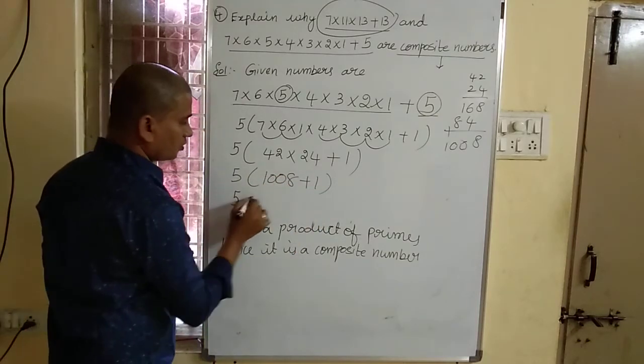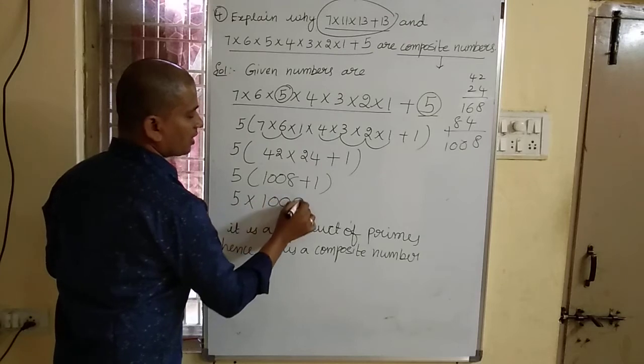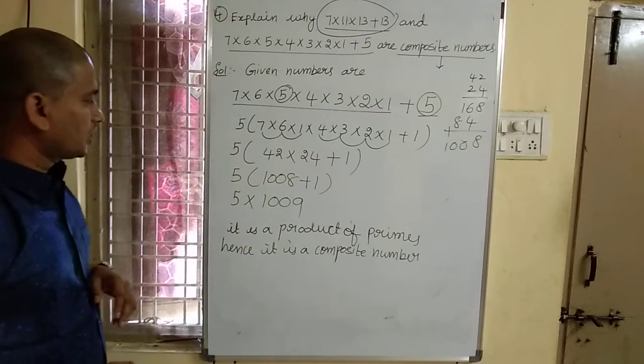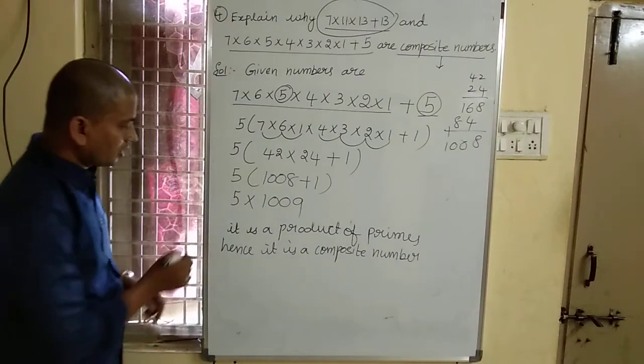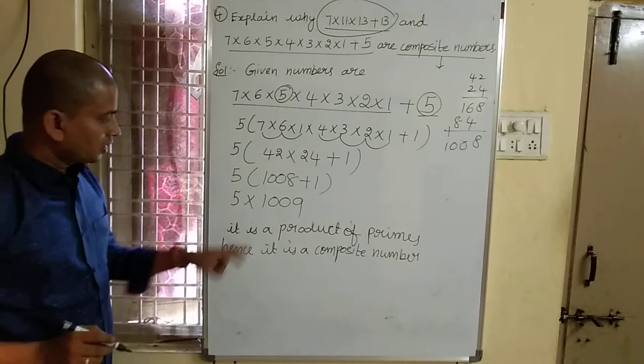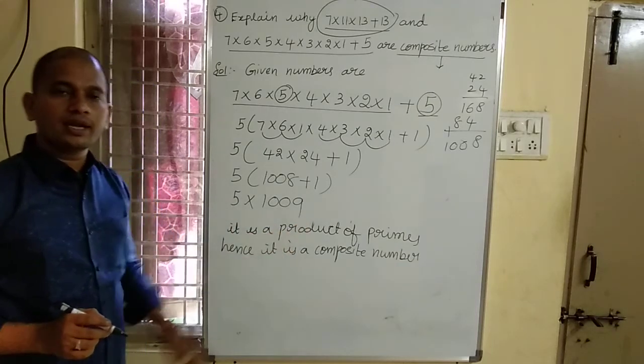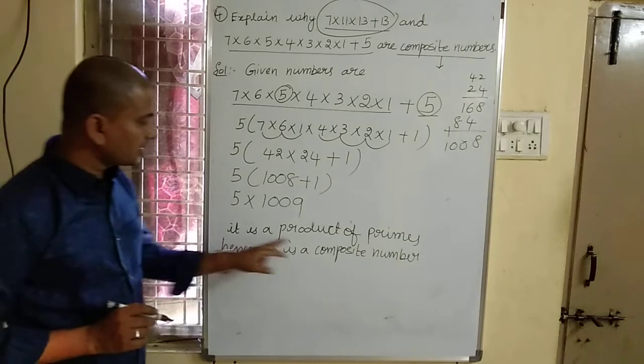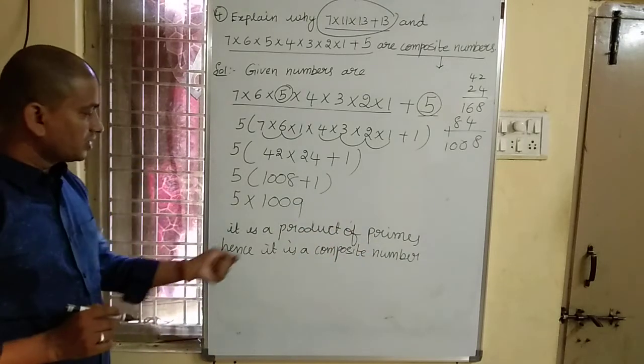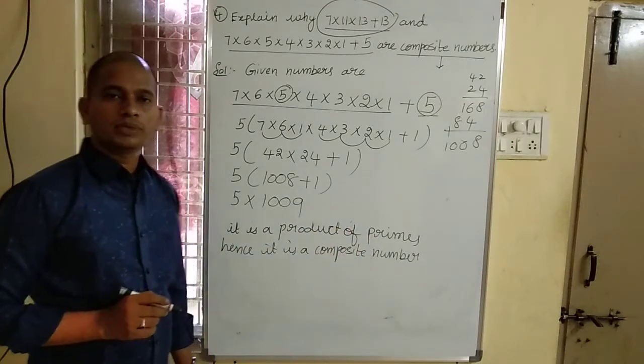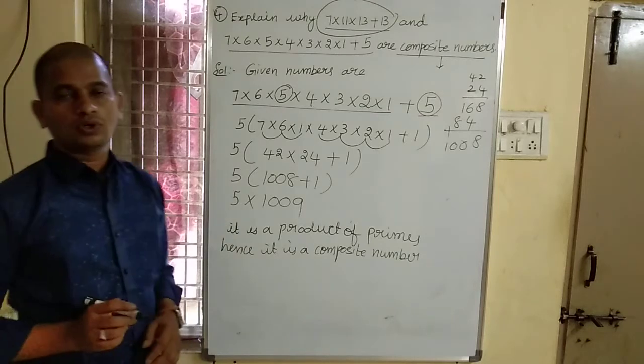So 5 into 1008 plus 1, which is equal to 1009. Here 5 is a prime number and 1009 is also a prime number. Hence it is a product of primes, which is a composite number. So this is our fourth question.